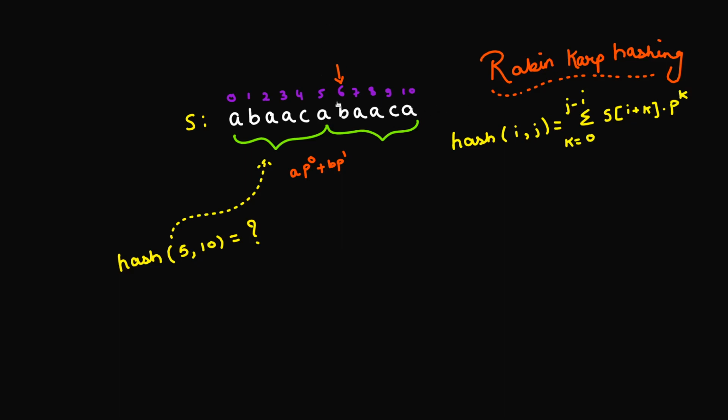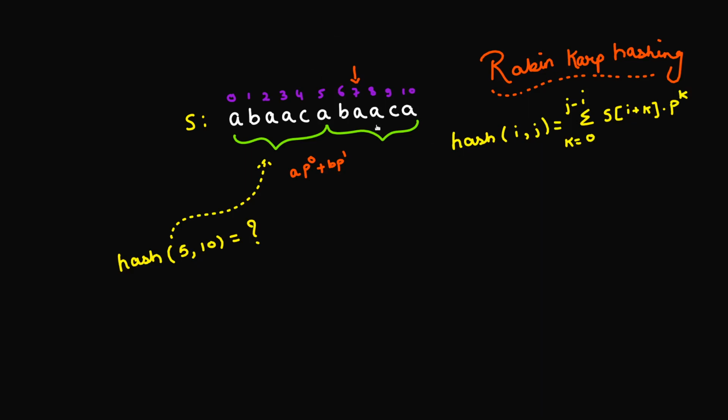Or, since all the characters are lowercase, for a you can just consider the number 0 because that's the 0th character in the alphabet, for b the number 1, for c the number 2, and so on. You can map these characters to corresponding numbers, because the hash is going to be a numeric value and it doesn't make sense to multiply a character with a number.